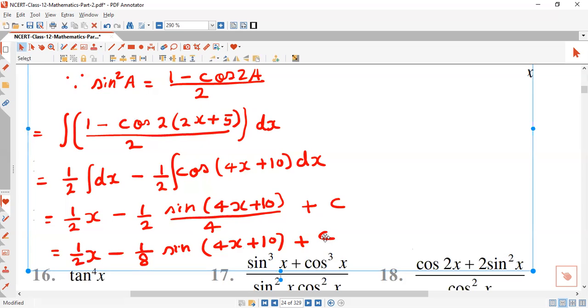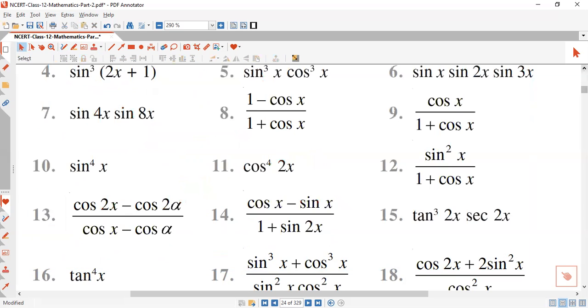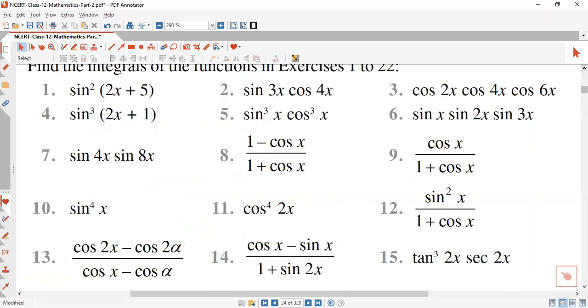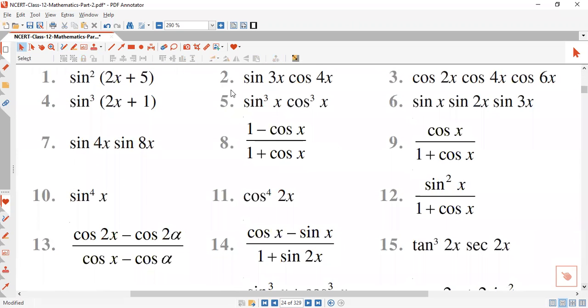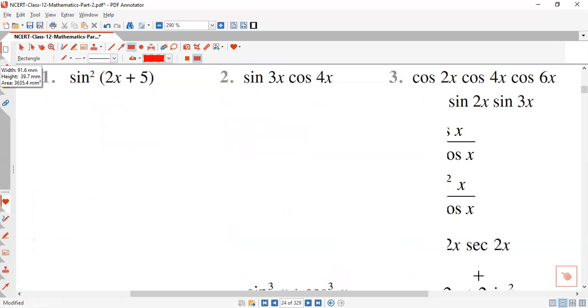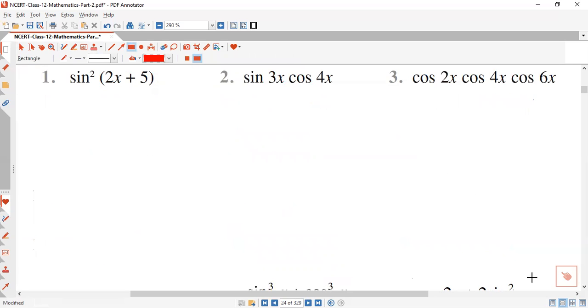Now we do question number 2. Again, two functions are there, sine 3x and cos 4x. We can solve this question by two methods: either by trigonometric properties, or by integration by parts.